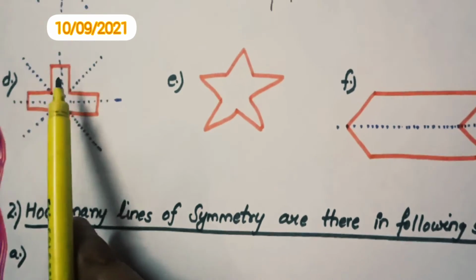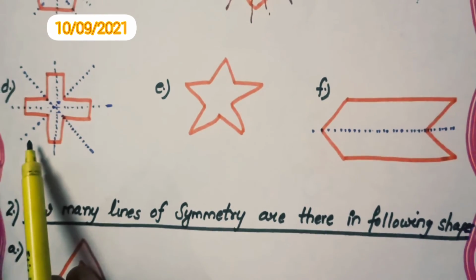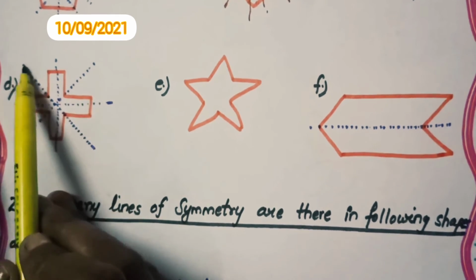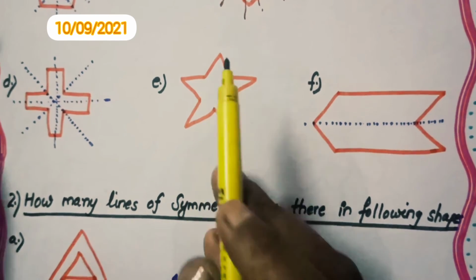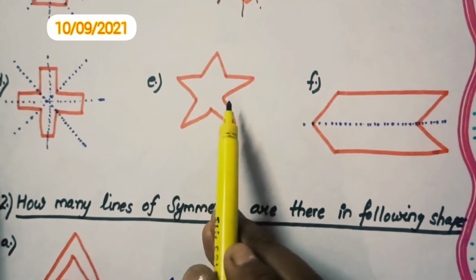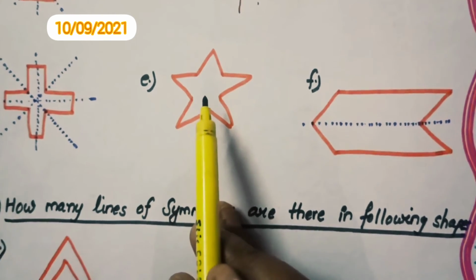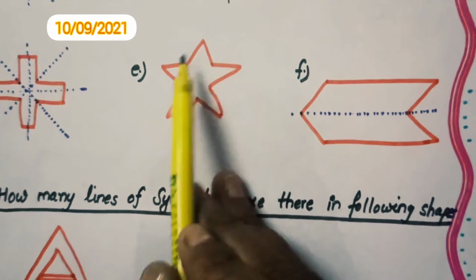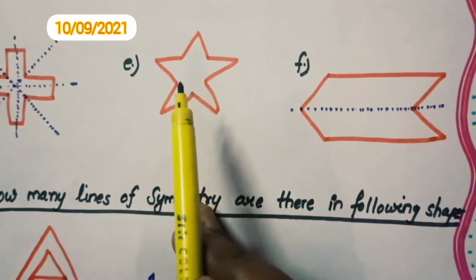Now D part, we have 4 lines of symmetry. See over here, then this and this. And for this we have to draw 5 lines. Try to do this by yourself. We have to draw 5 lines and the lines of symmetry will be 5 for this figure.